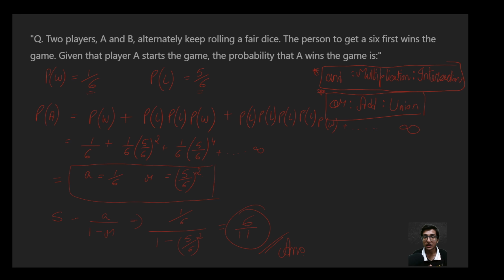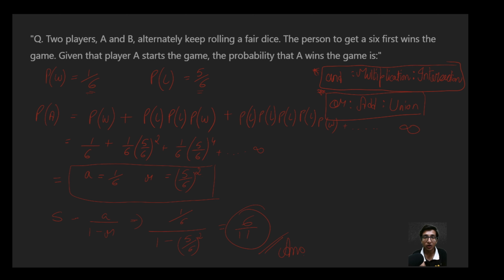Either in the first chance only A wins the game, or first chance A loses, second chance B loses, and then in the third chance A wins, or in the fifth chance A wins, or in the seventh chance A wins. Of course, we cannot count B winning here, because we have to find out the probability of A winning the game. Since all these are different cases and either of them can occur, we are saying that either this occurs or this occurs or this occurs.